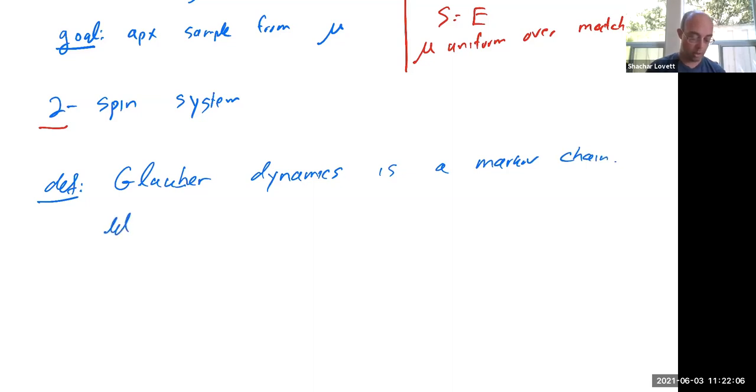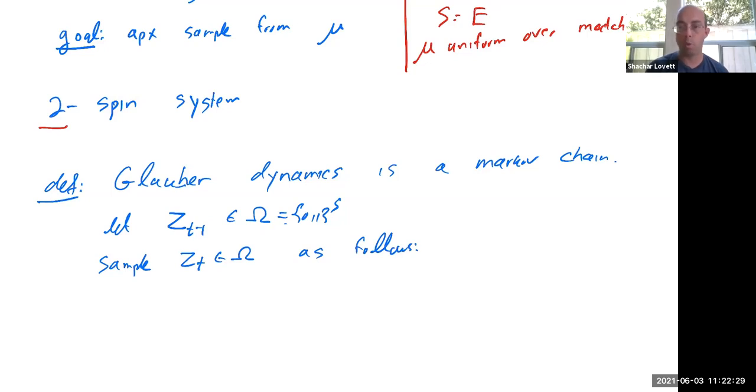So let Z_{t-1} be some element, and I want to sample the next element, Z_t, in omega. Again, omega is {0,1}^S, just reminding you. So we sample it as follows.